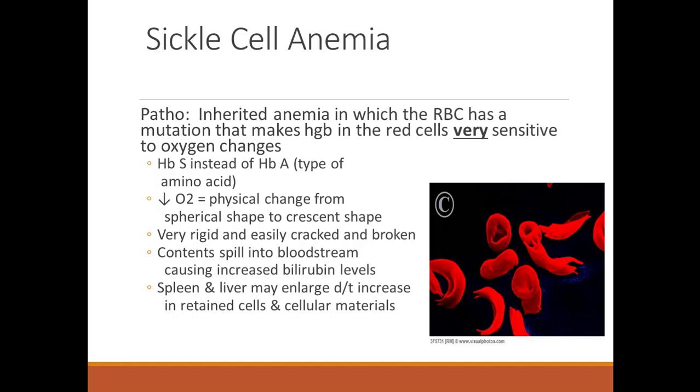Anytime there is a decrease in oxygen levels, these disc-shaped red blood cells will turn into this crescent or sickle-shaped cell. It's very easy to be broken.